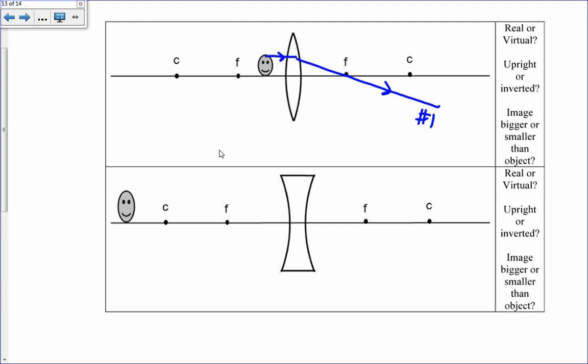So I'm going to draw my ray such that if I were to trace it back, it would go to the focal point, and then it goes parallel to the axis. That's ray number 2. Notice that these two rays are divergent, so I need to trace back these virtual rays. I'm going to have a virtual image. My virtual image is going to be right about there.